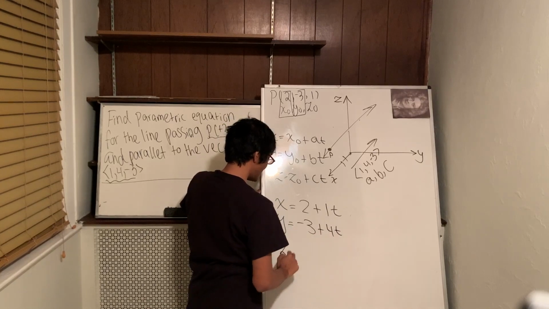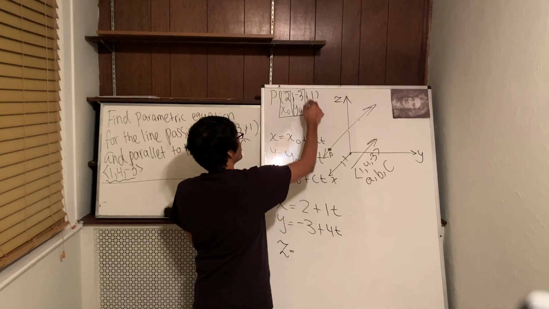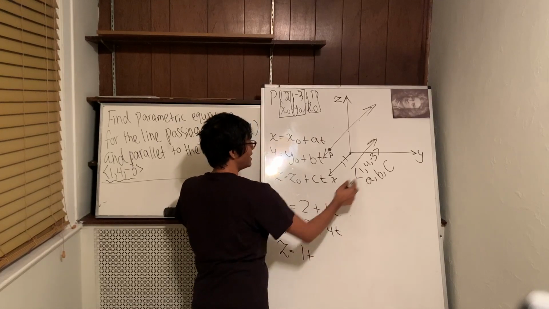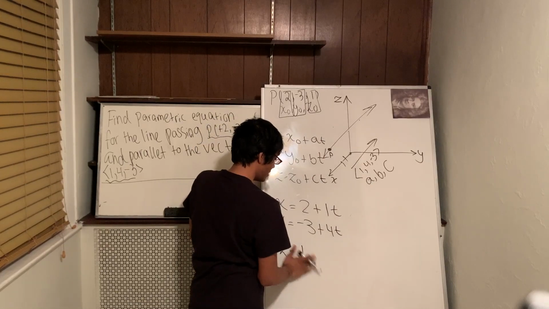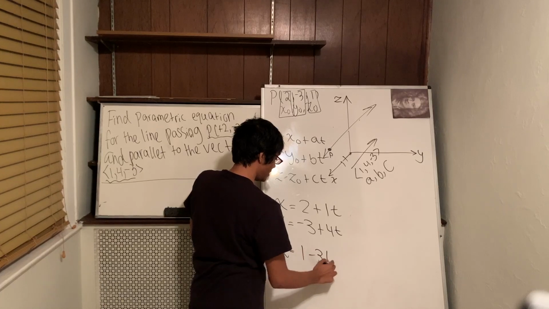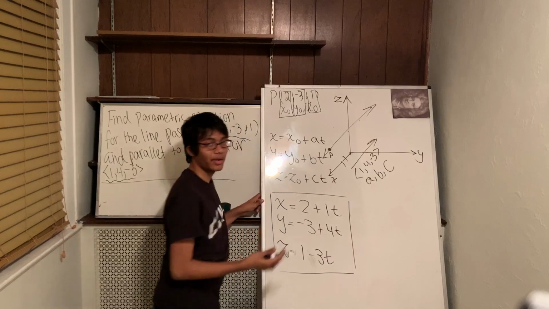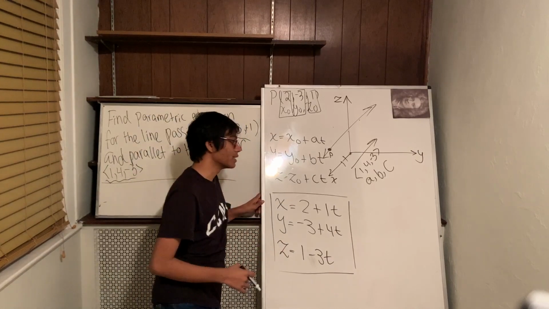And finally, z is equal to z naught, which is 1, plus ct. And c is -3, so I'm just going to write minus 3t. And there you go, ladies and gentlemen. These are the parametric equations of our line.